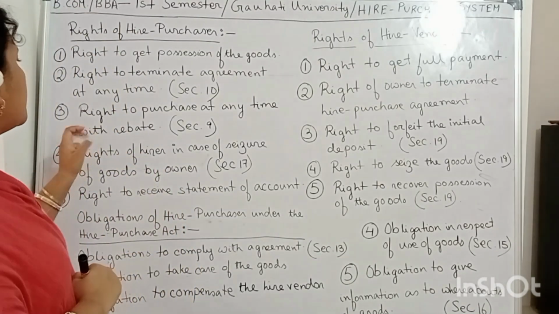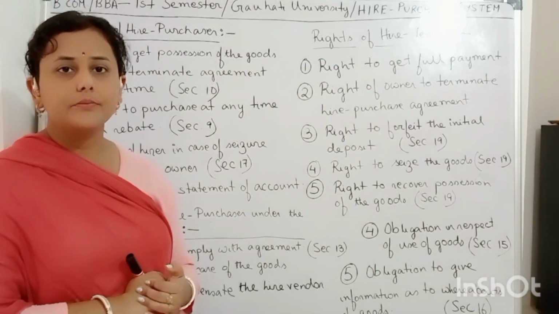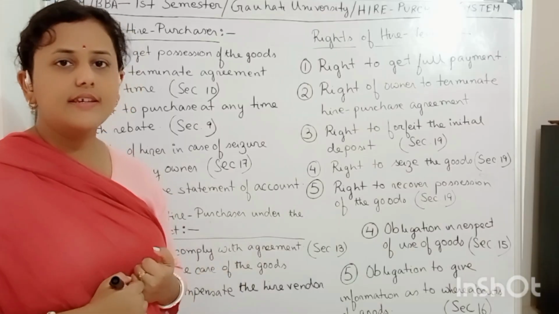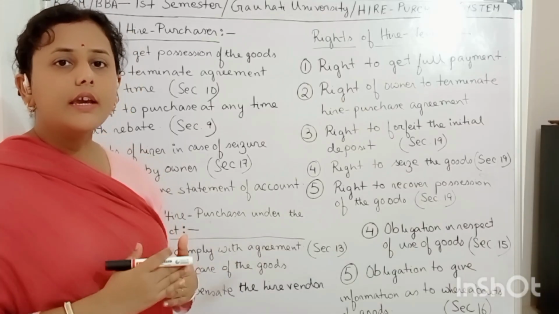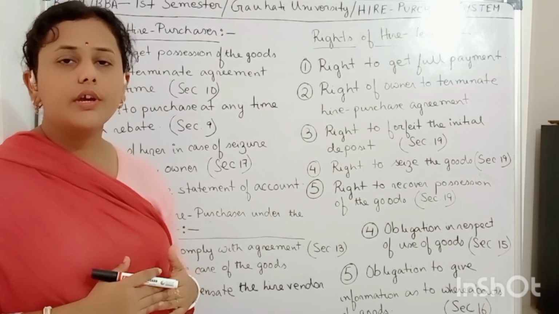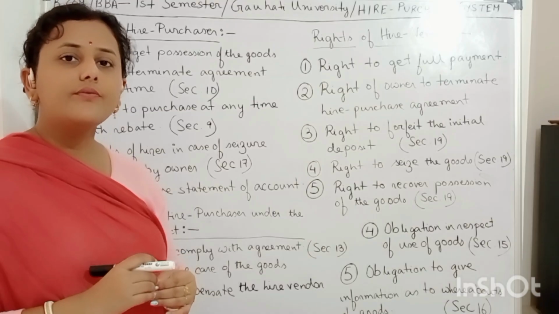Then what is said in point number 3? Right to purchase at any time with rebate. As the hire purchaser purchases the asset under the hire purchase agreement, he can pay all the installments together, or pay the full price.